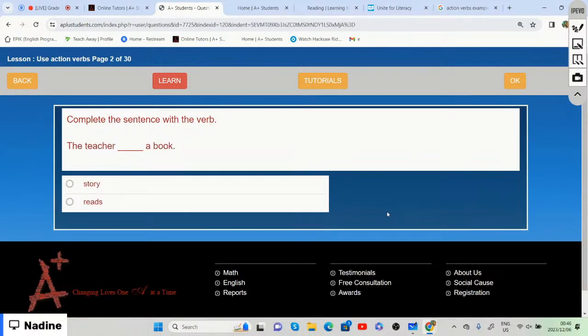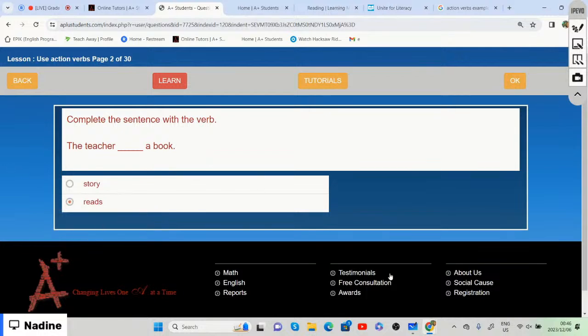Guess is correct. The teacher, do we say story a book or reads a book? And yes, reads is correct.